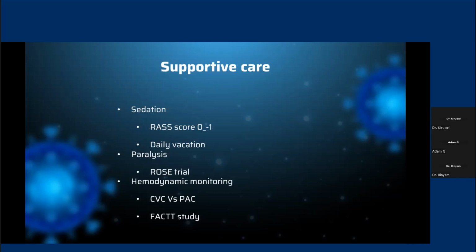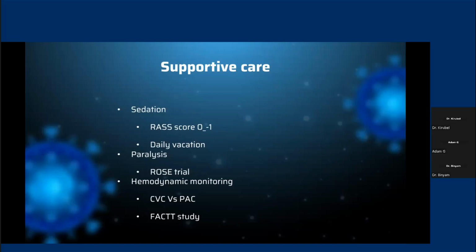If the patient is deeply sedated or agitated, those are levels of sedation which we don't want, because not only the patient being awake or deeply sedated, but also the synchronization of breathing with the ventilator will be harmed or deranged. That's why we are focusing on sedation.